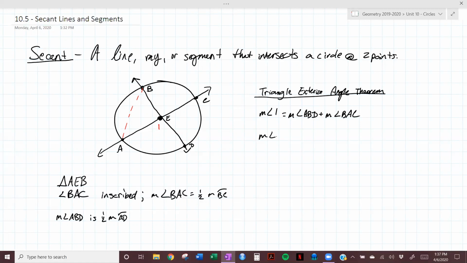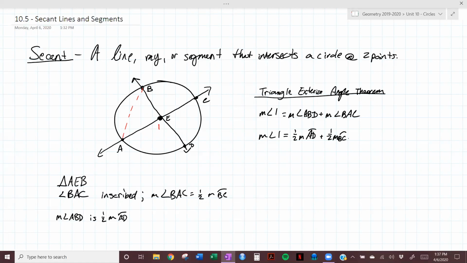So the measurement of angle 1 can also equal 1/2 the measurement of our arc AD plus 1/2 the measurement of our arc BC. Okay.